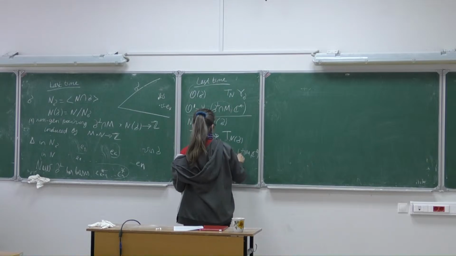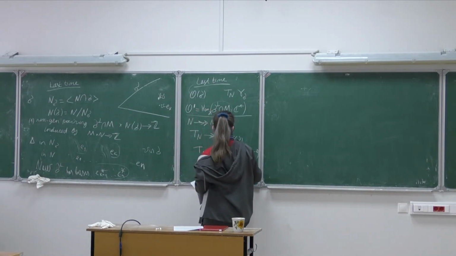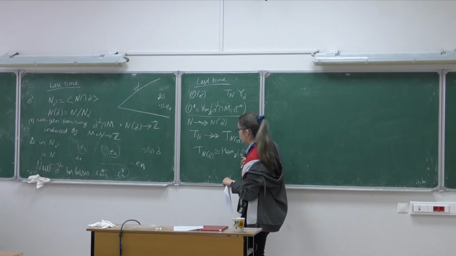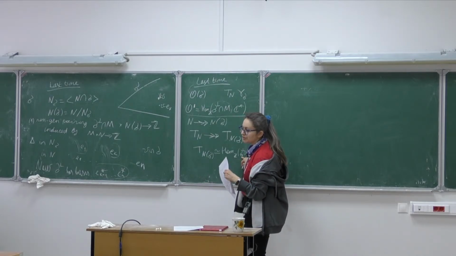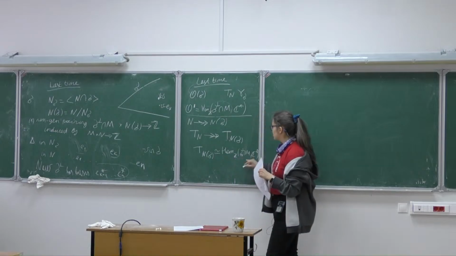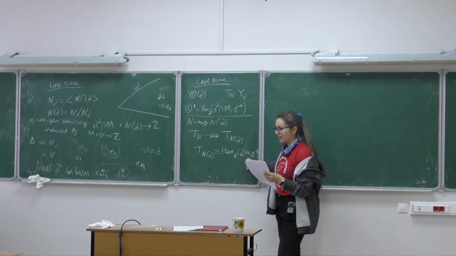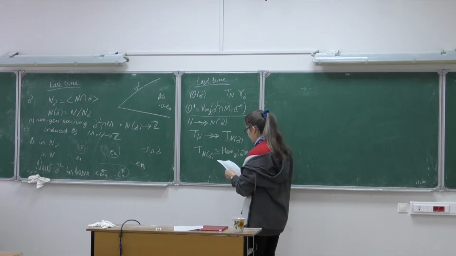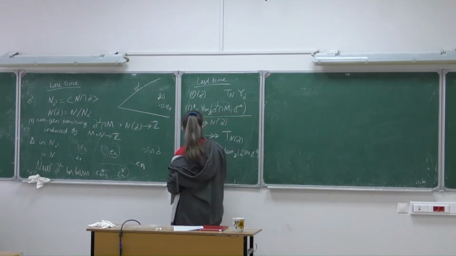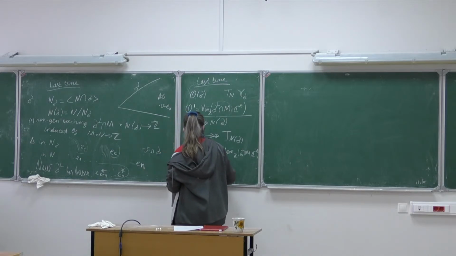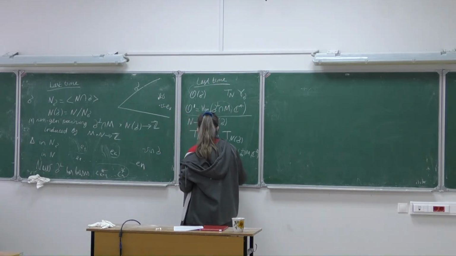It acts here and it acts here. We wrote it last time. We multiplied these maps by some non-zero value. So we know that the big torus Tn acts transitively on this.